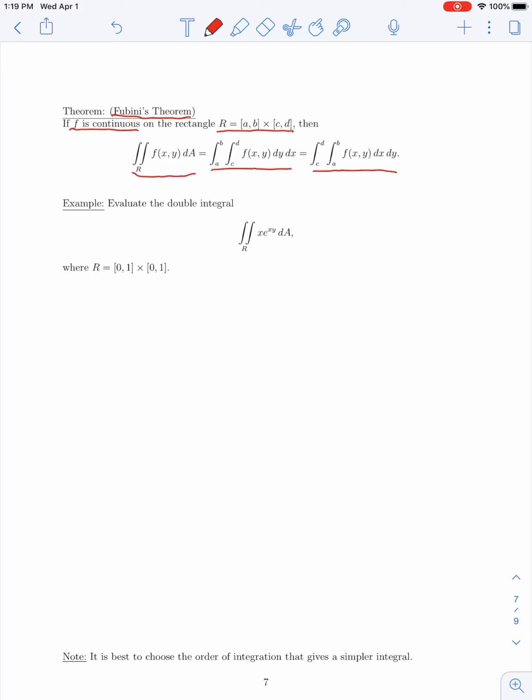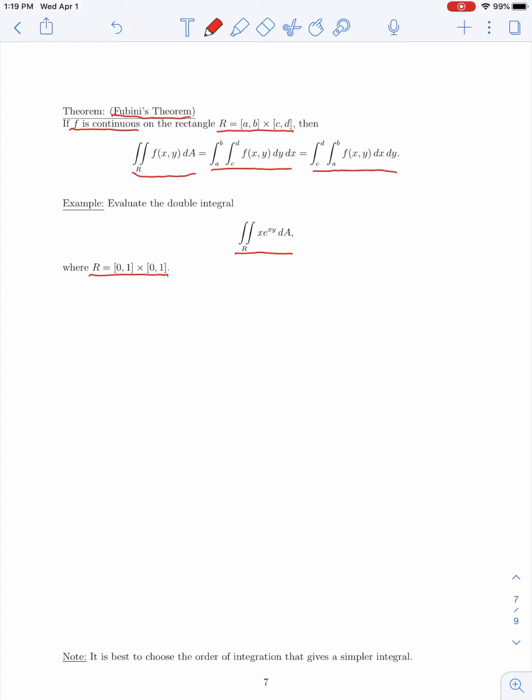So now that we have this result, let's look at another example of evaluating a double integral. We now have a way to evaluate these double integrals using iterated integrals rather than relying on the limit of a double Riemann sum. So here we're asked to evaluate the double integral of x times e to the xy dA over the rectangle R, which is defined as [0,1] cross [0,1].